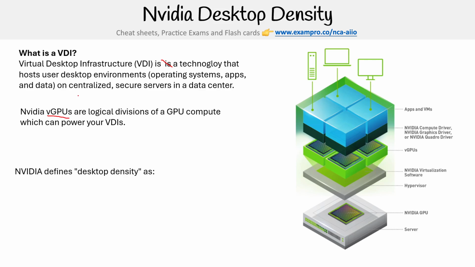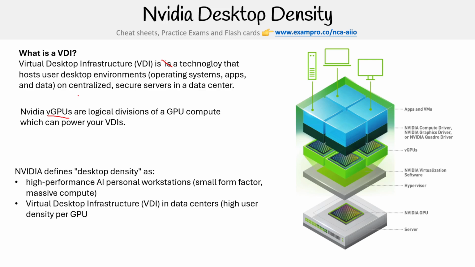And so NVIDIA defines desktop density. I had to do this because desktop density means more than one thing, but in NVIDIA's terms, it means a high-performance AI personal workstation, so small form factor, massive compute. It's also about VDI in a data center with high user density per GPU.